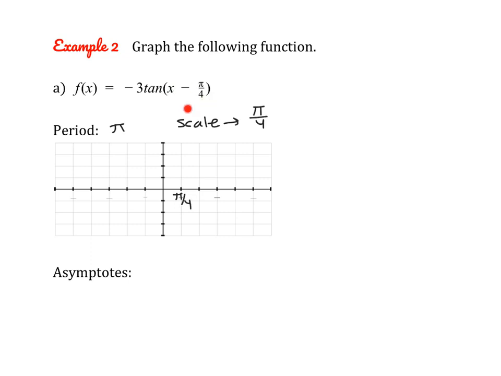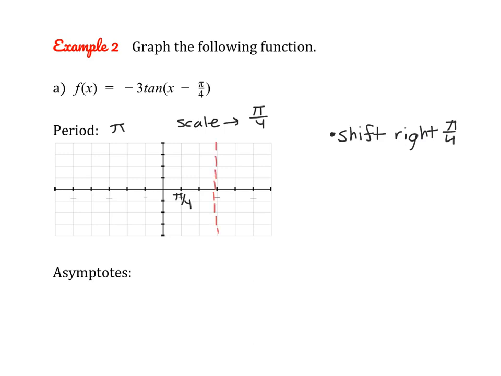So we know that without any shift, we would have an asymptote here at pi over 2, and then an asymptote here at negative pi over 2. However, we can see that in this case, we actually have a shift to the right pi over 4 units. So that means instead of having an asymptote here at pi over 2, I'm going to shift it to the right by pi over 4.